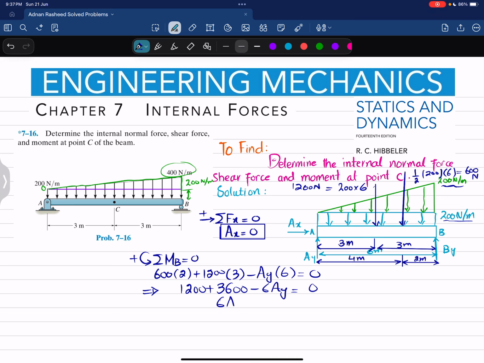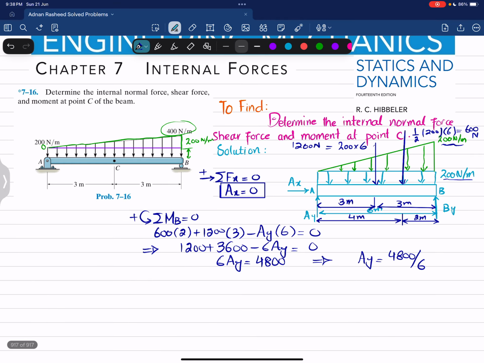So 6AY is equal to 4800, and from here AY will be equal to 4800 divided by 6, and that will give you AY equal to 800 Newton.